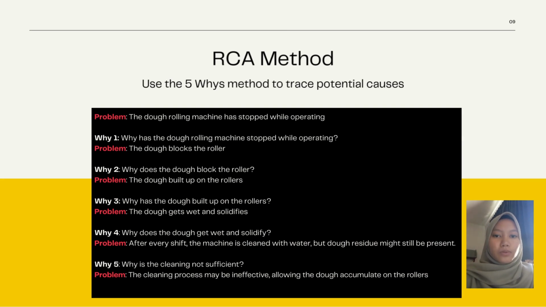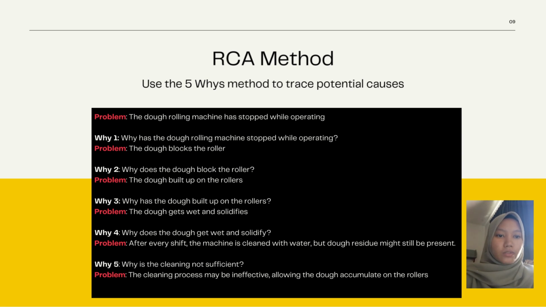It starts with a problem, which is that the dough rolling machine has stopped while operating. Then it is followed by the first why. Why has the dough rolling machine stopped while operating? Because the dough blocks the roller. Second why. Why does the dough block the roller? Because the dough builds up on the rollers. Third why.